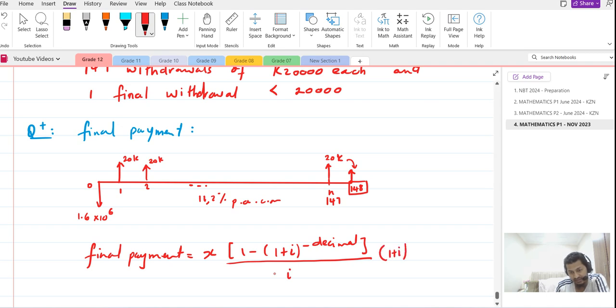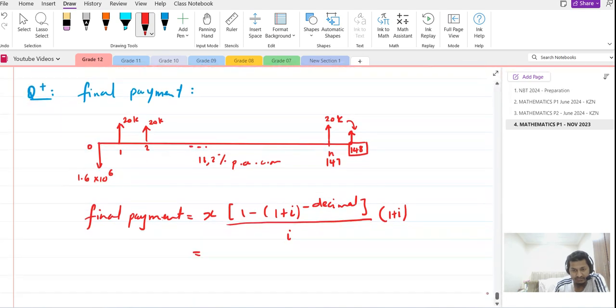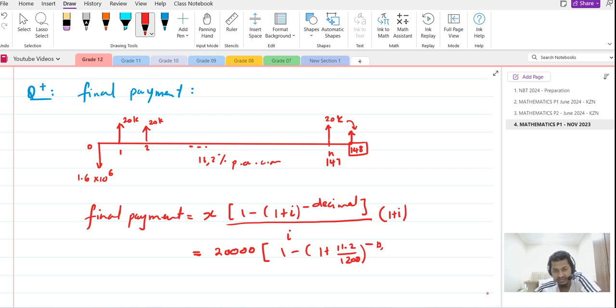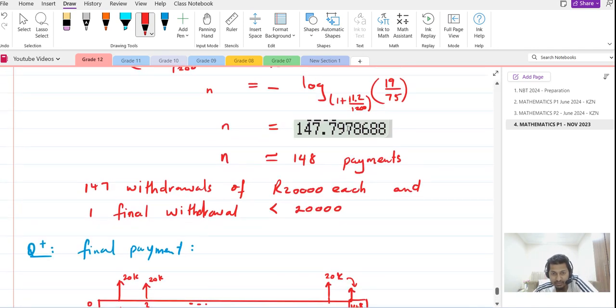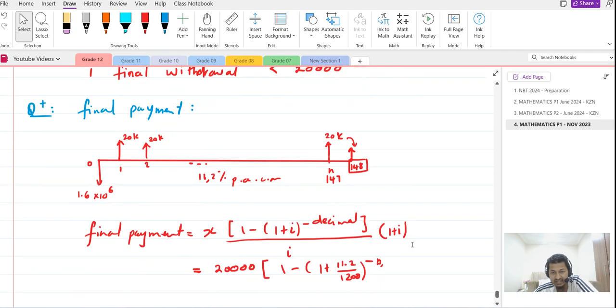Now x is 20,000 into 1 minus (1 plus 11.2 over 1200) to the power negative 0 comma, what's the decimal? The decimal part is 0 comma 7978688.